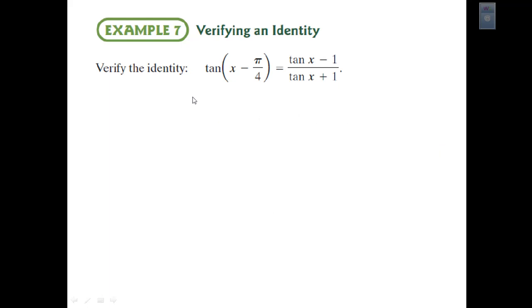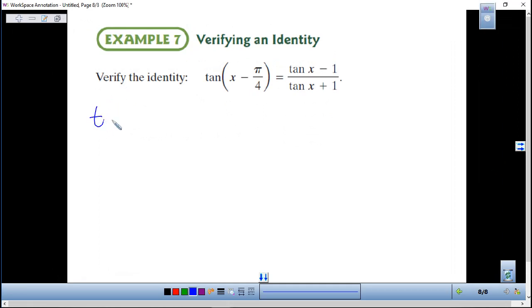All right, so let's verify the identity that tangent of x minus pi over 4 equals tangent x minus 1 over tangent x plus 1. So we're going to use the tangent difference identity. We've got the tangent of x minus pi over 4, and there's your alpha and there's your beta.